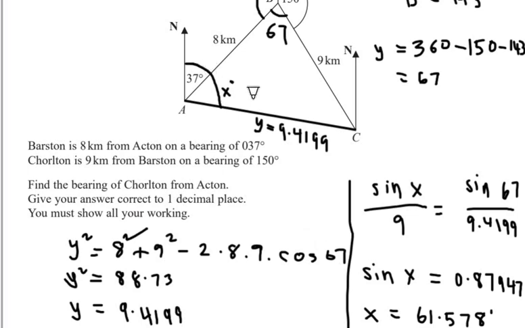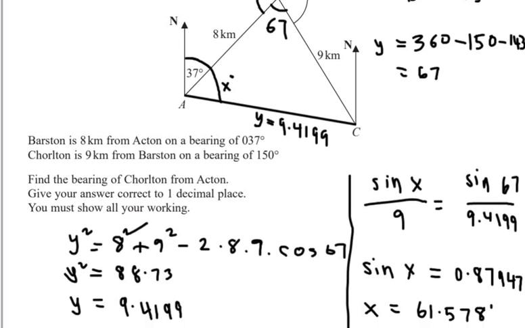So now the bearing of C from A will be this whole angle. So we need to add 37 degrees to x, and that will give us our final answer.